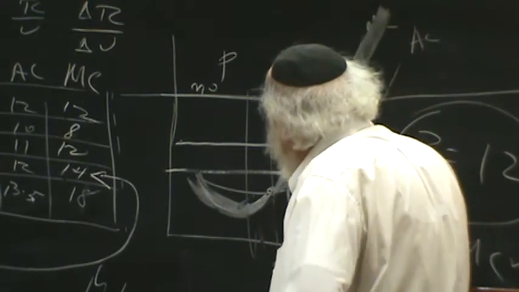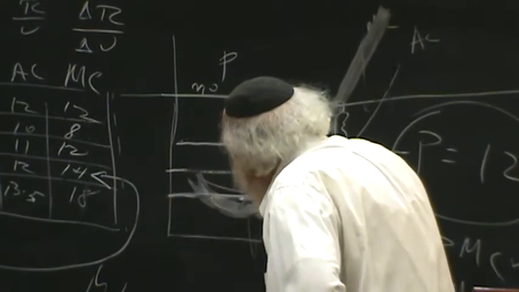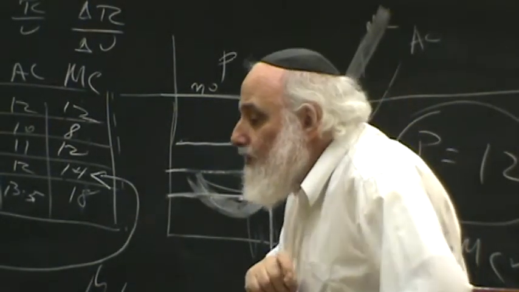Where does this stop? It stops in the long run where the price comes down to the bottom of the average cost curve. In other words, the only time this process stops is when no one else comes into the industry. When does no one else come into the industry? When the excess profits are eliminated. When are the excess profits eliminated?